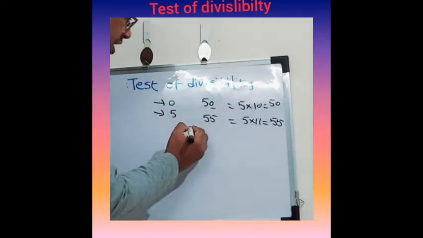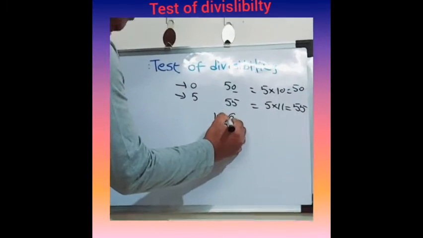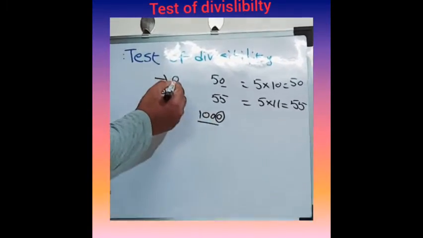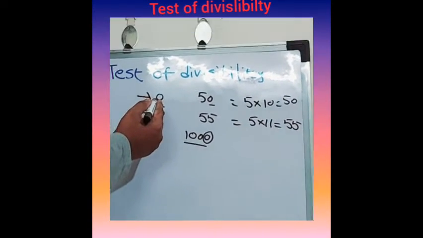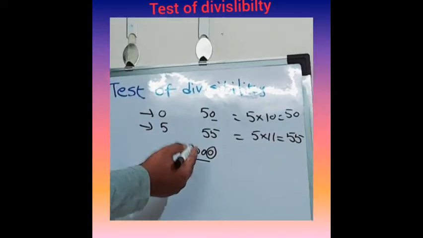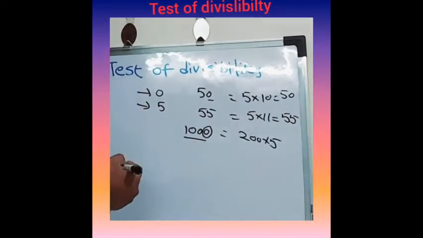Similar way, if you take 1,000, what is the number at the unit position? That is 0. So as per the divisibility law of 5, if the unit position contains 0, then the number is divisible by 5, because 200 multiplied by 5 gives 1000.